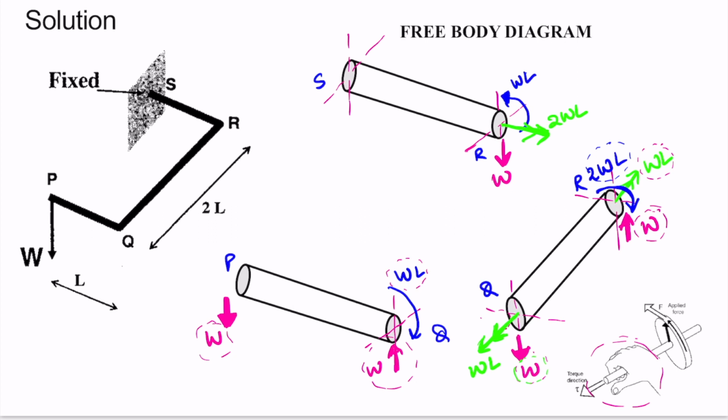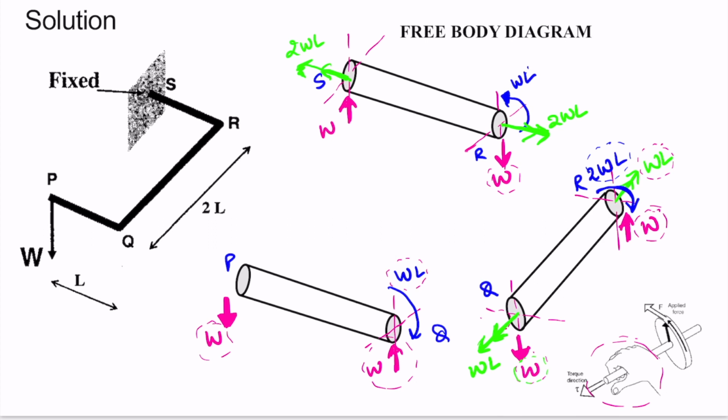Now let's move towards point S. At point S, since this load is in downward direction, we will have a point load in upward direction. Let's see the torque. We have a torque in outward direction here, so we will have a torque here in outward direction, opposite to that at point R. So it will have a magnitude of 2WL.